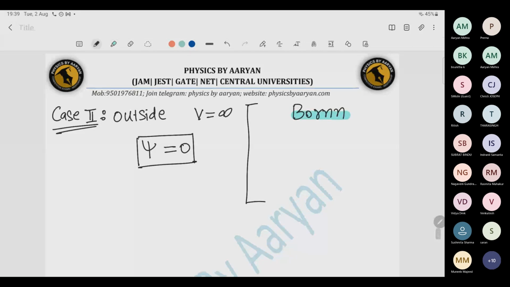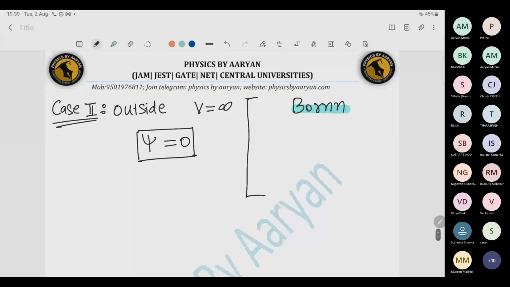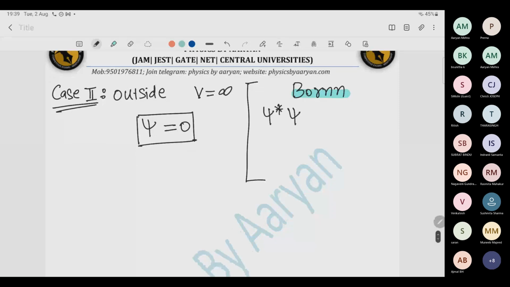When people asked what is the physical meaning of the wave function, Mr. Born came and said, phi has no physical meaning, but if you take the complex square of phi, phi star into phi, then it is defined as probability of existence.